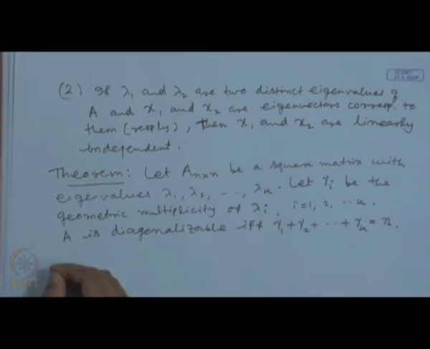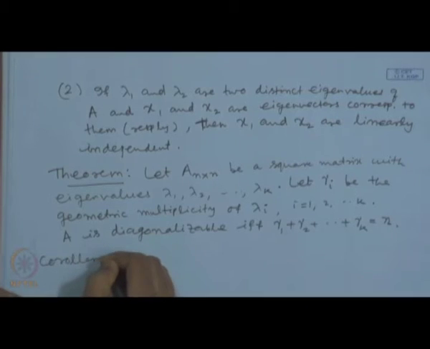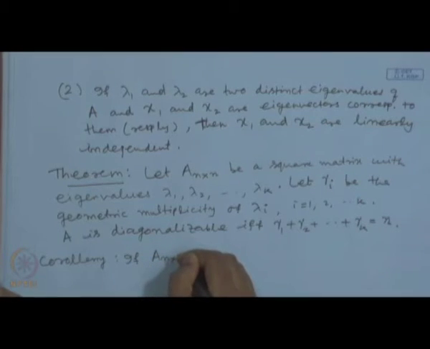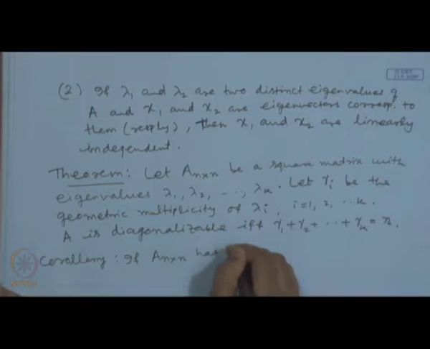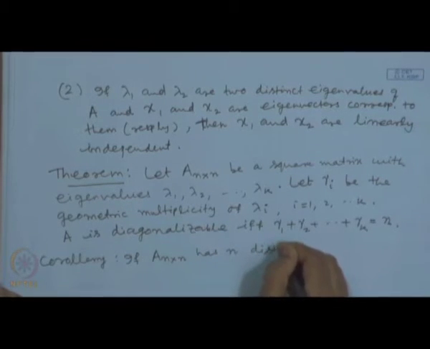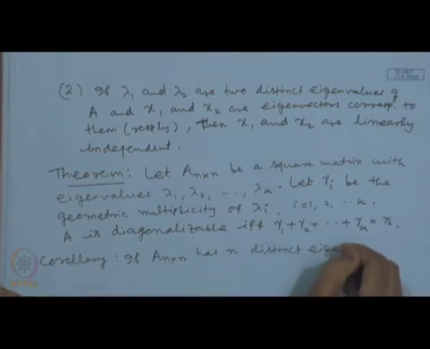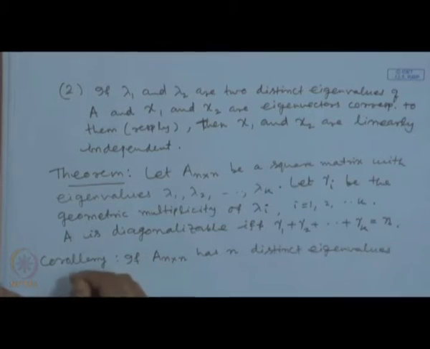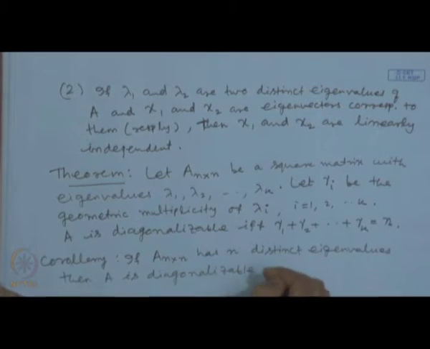Here we have a corollary: if this matrix of size n by n has n distinct eigenvalues, then A is diagonalizable, because the geometric multiplicity of an eigenvalue is at least 1.